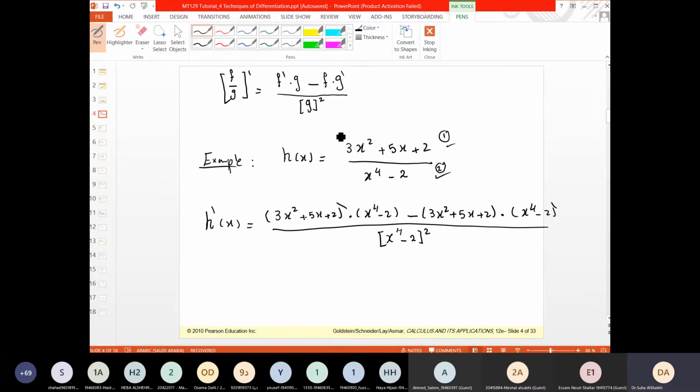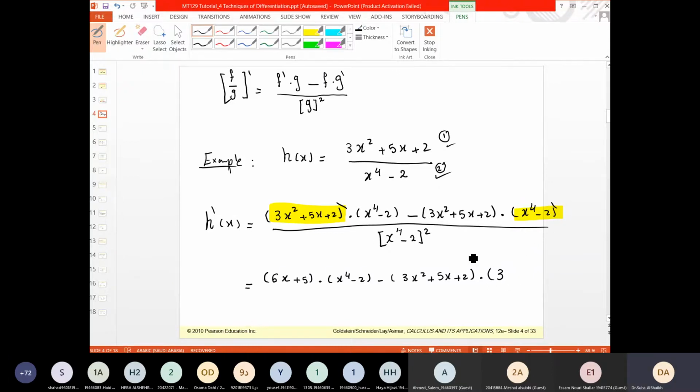Now we find the derivative of this, and the derivative of this. What's the derivative of 3x^2 plus 5x plus 2? It is 6x plus 5, multiplied with (x^4 minus 2), minus (3x^2 plus 5x plus 2) multiplied with the derivative of x^4 minus 2.